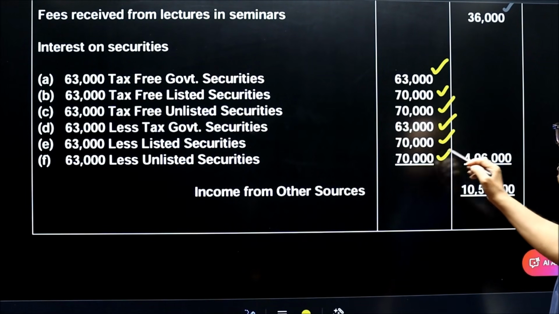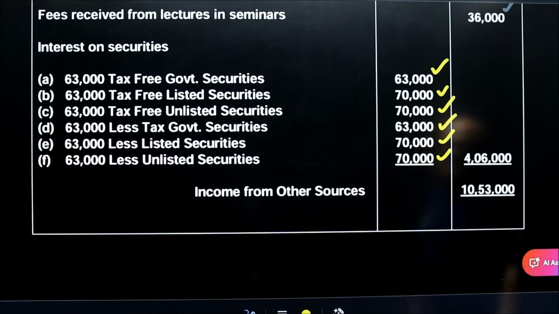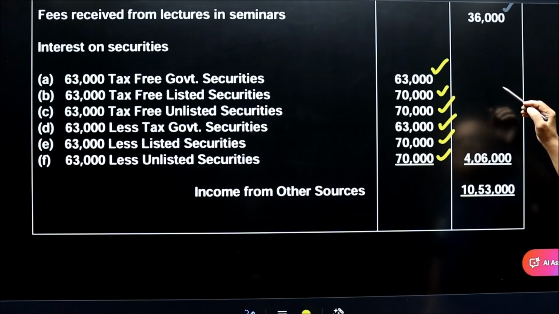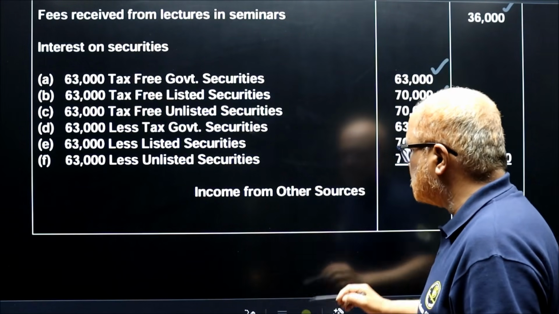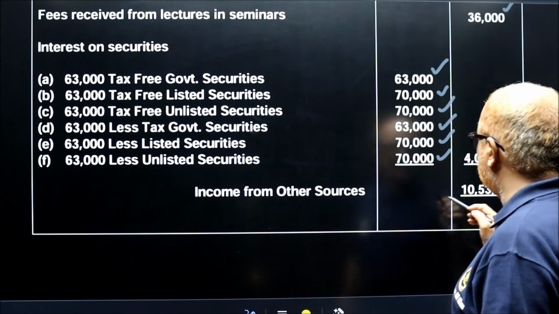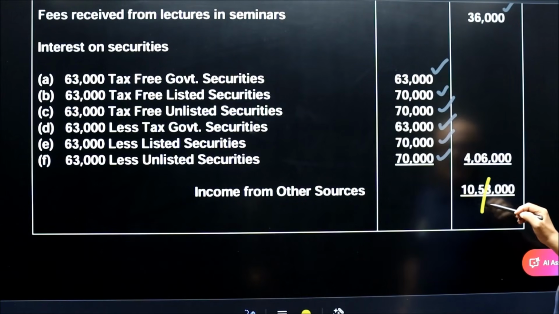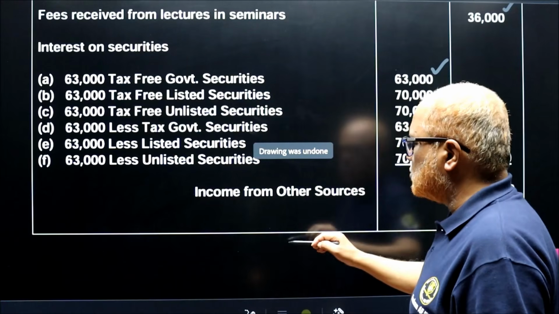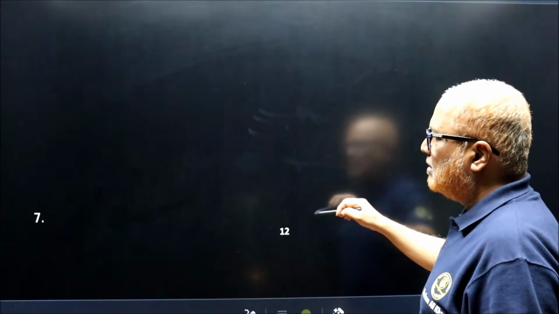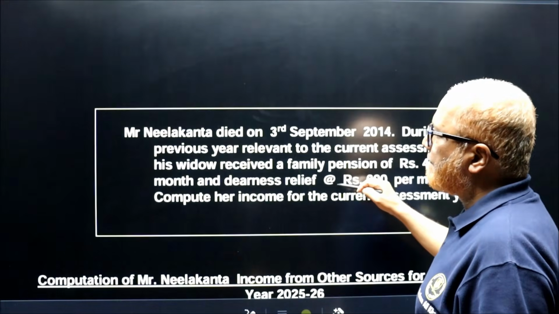So total interest is 4,06,000. Take the total of all the items, and we will get income from other sources 10,53,000. That's it. Now the seventh problem.